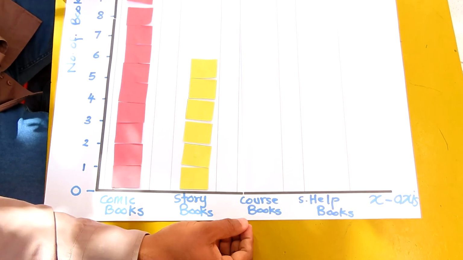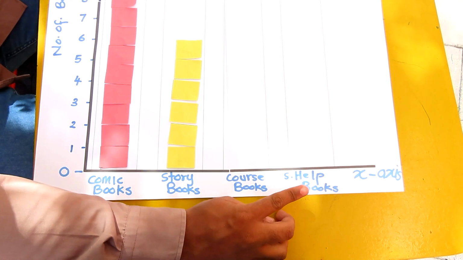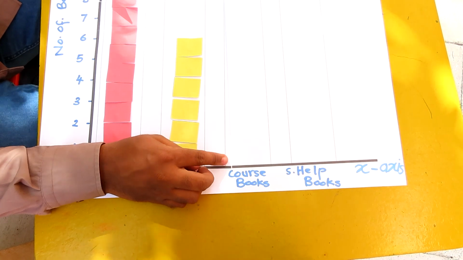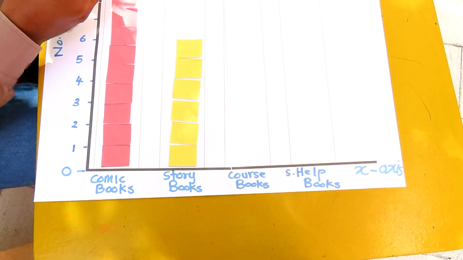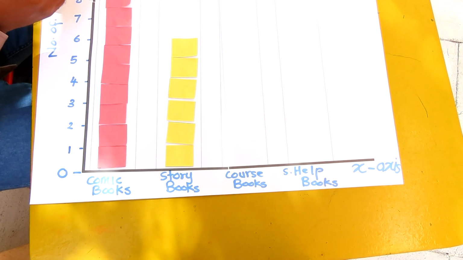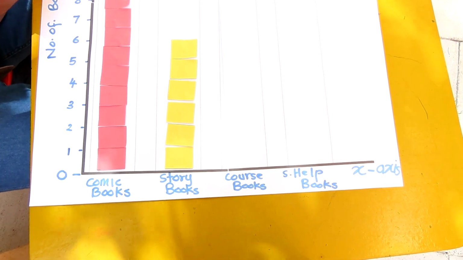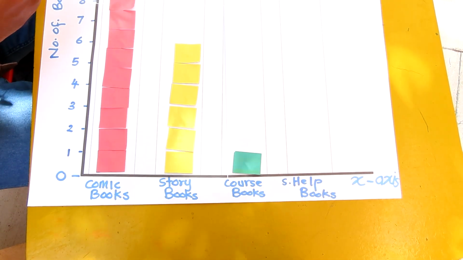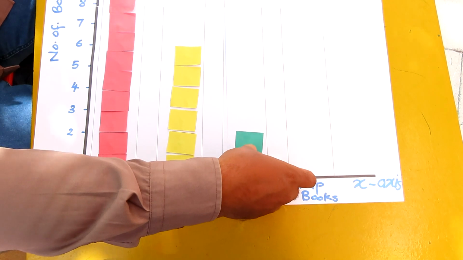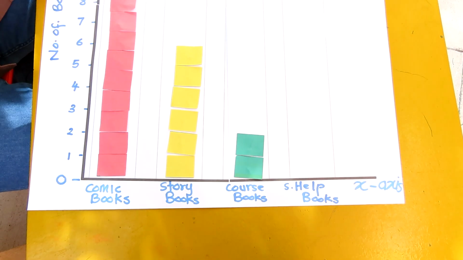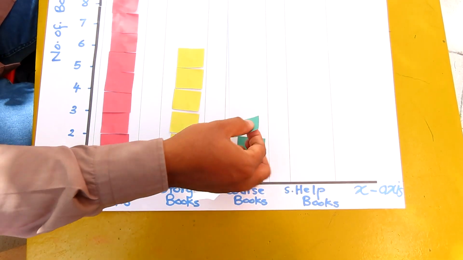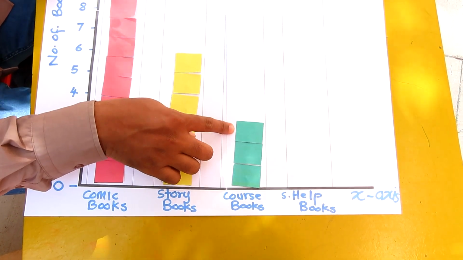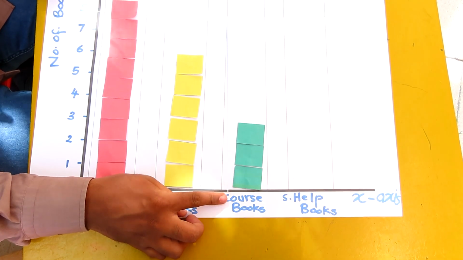Next, the ones left are course books and self-help books, right? To represent the total number of course books I have, I am using green counters. 1, 2 and 3. So these 3 green counters represent the total number of course books I have.